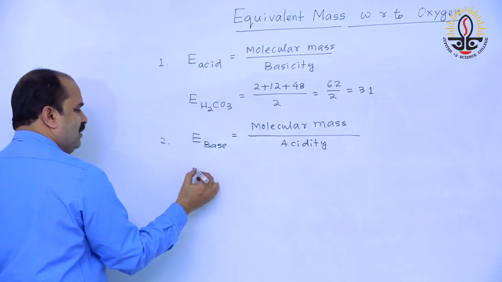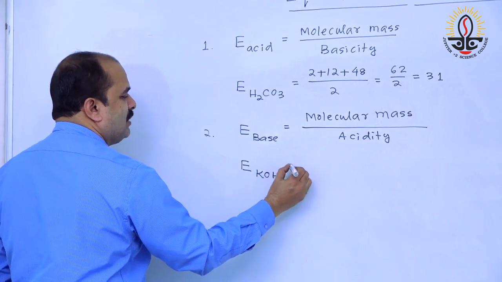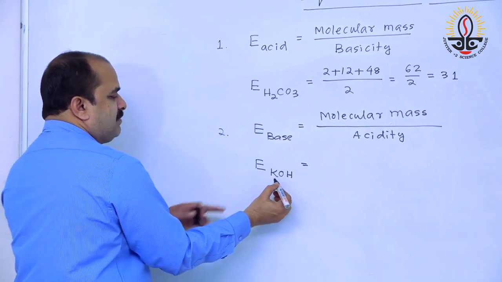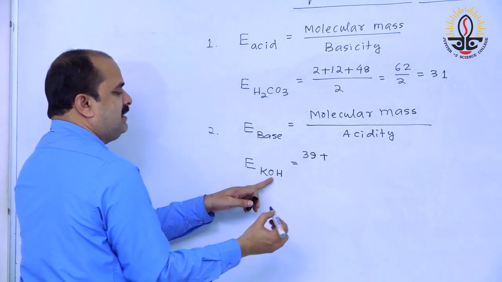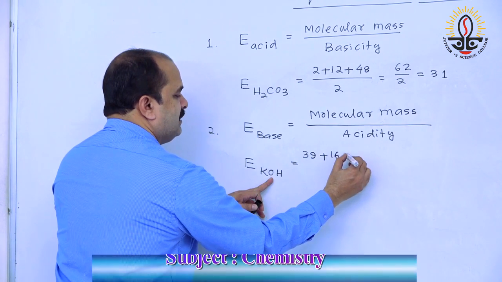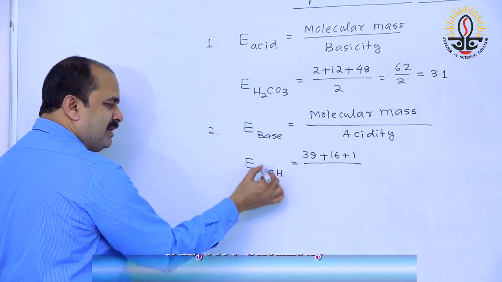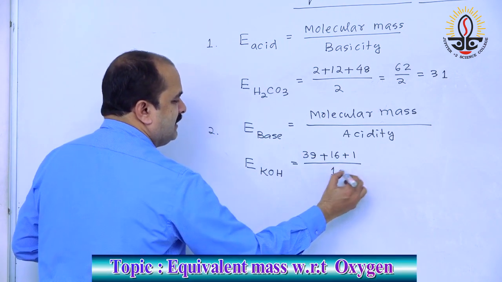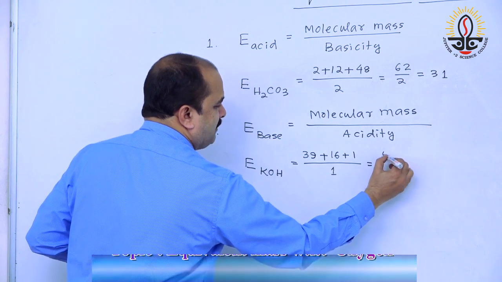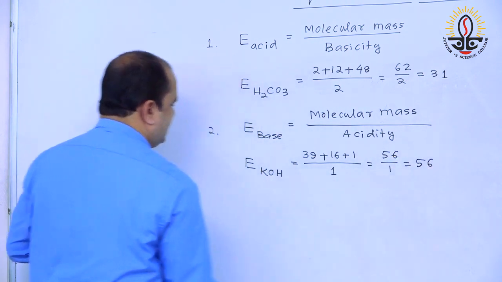For example, equivalent mass of KOH is the molecular mass of KOH, where the atomic mass of potassium is 39, oxygen 16 plus H 1, divided by the number of OH minus in KOH, caustic potash, which is 1. So 56 by 1 is equal to 56.